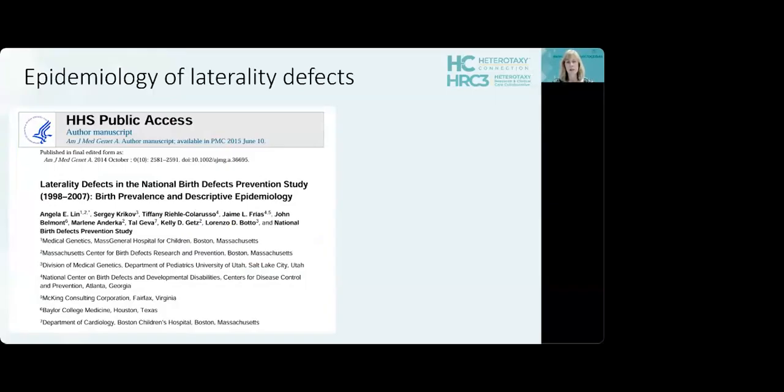And it was done by Angela Lin, who's really very well respected in the field for her deep phenotyping abilities and for her knowledge, both as a geneticist and as a cardiologist. And the National Birth Defects Prevention Study is a national epidemiology and environmental risk factor study that occurs in 10 parts of the United States and had been collecting data for 30 years.